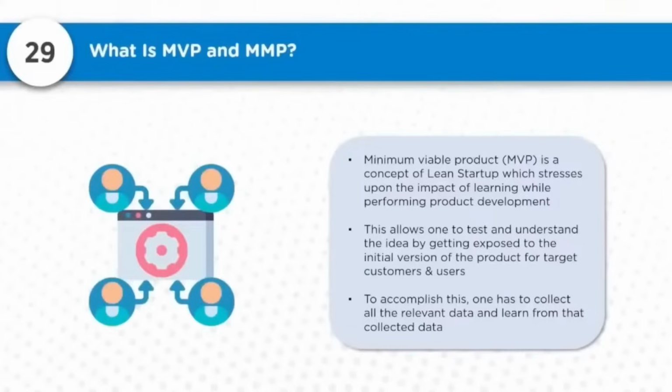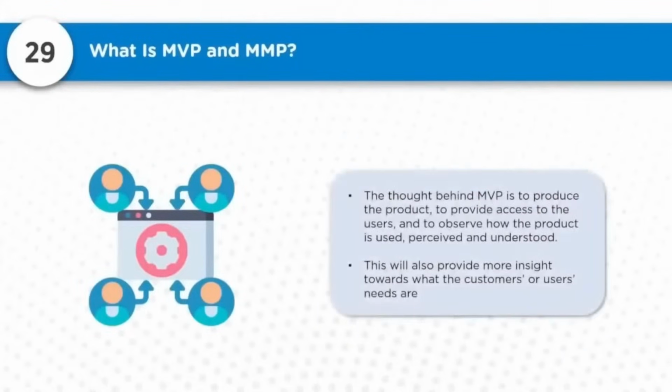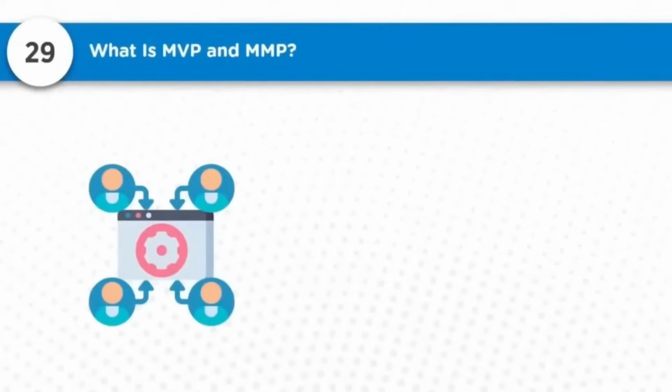To accomplish this, one has to collect all the relevant data and learn from it. The thought behind MVP is to produce the product, provide access to the users, and observe how the product is used, perceived and understood.